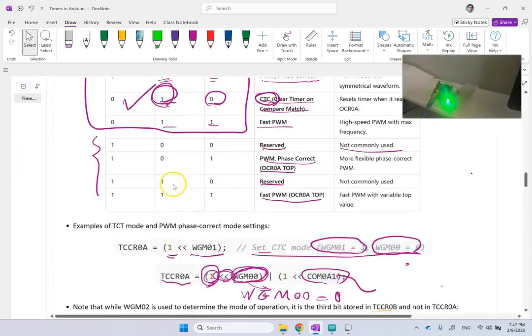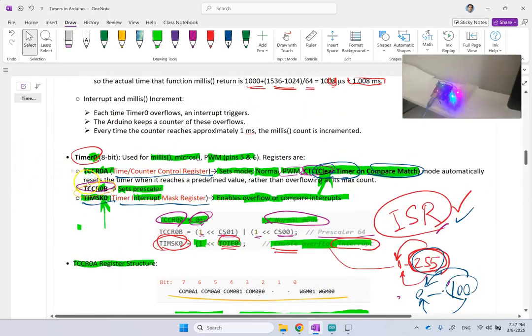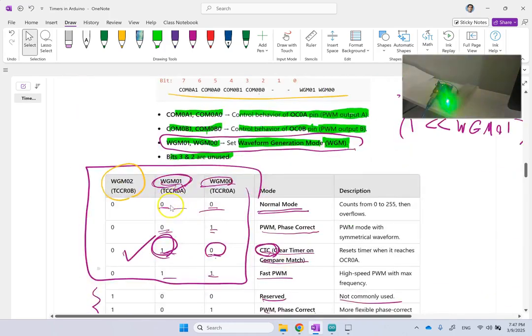Okay, so TCCR0A with 1 bit of 0B determine the modes of operation. The rest of 0B determine the prescalers, and this one is the one that enables either running in CTC mode or running in what? In regular overflow mode.